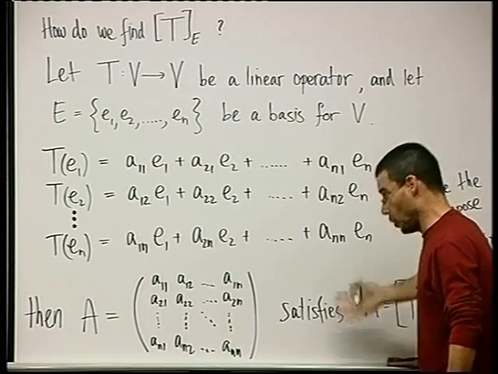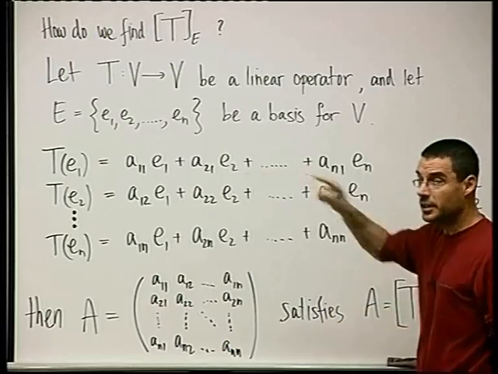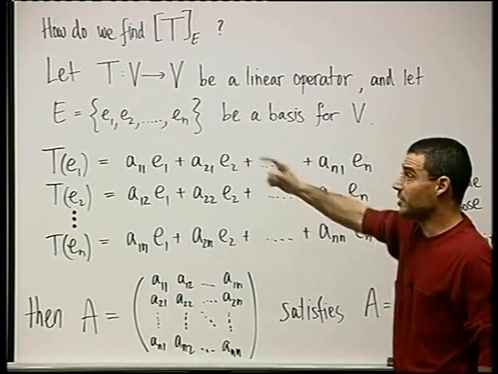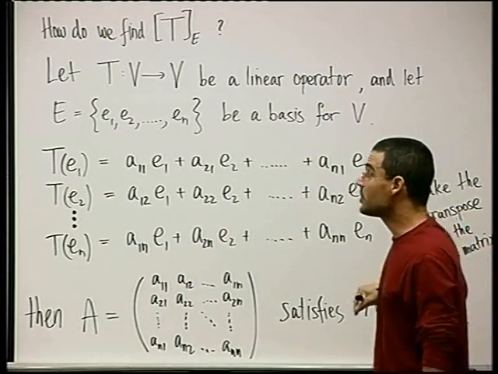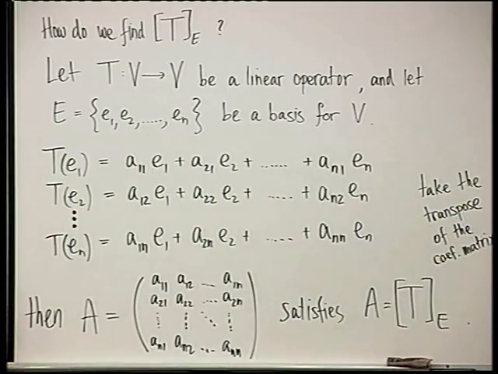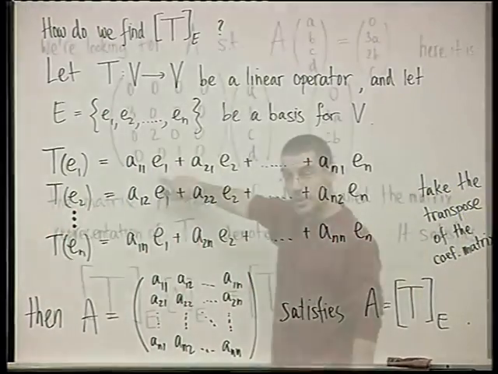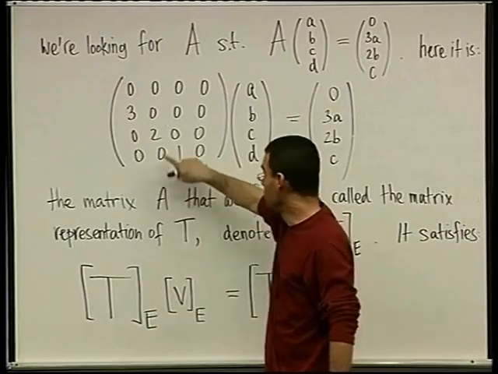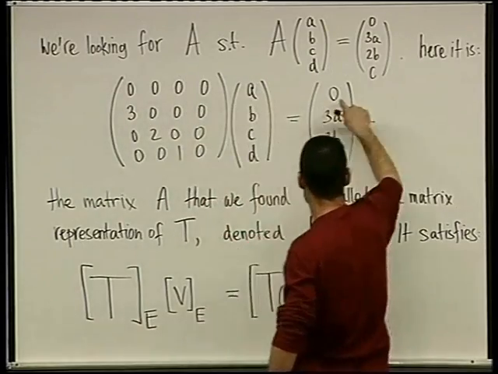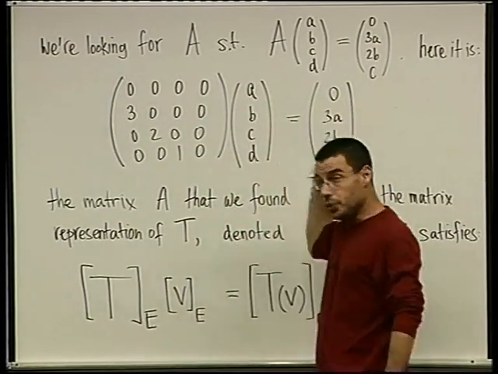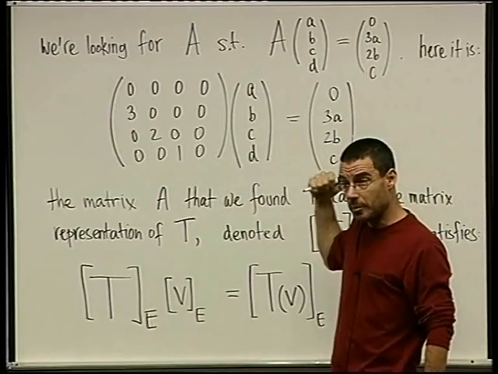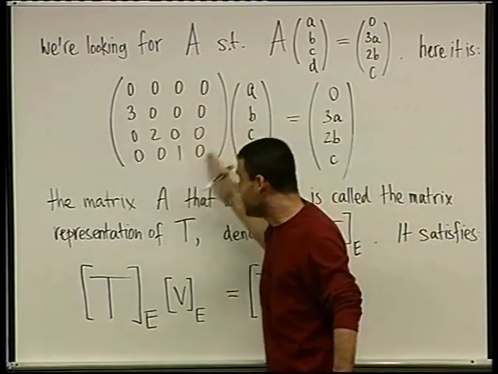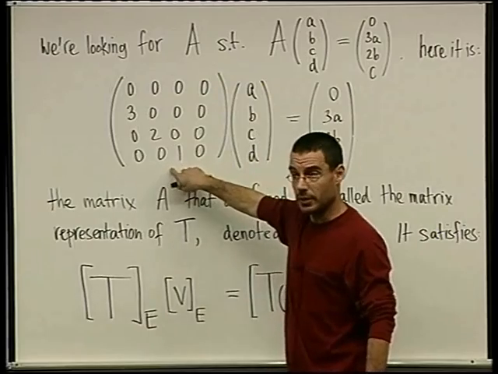So let's show that this indeed works in the example we just did. We guessed A, right? Back to the example, this was our A over here, but we guessed it. We said, okay, these are going to be zeros because I want to get a zero here. Let's do the procedure that we just described and see that we indeed end up with this matrix.